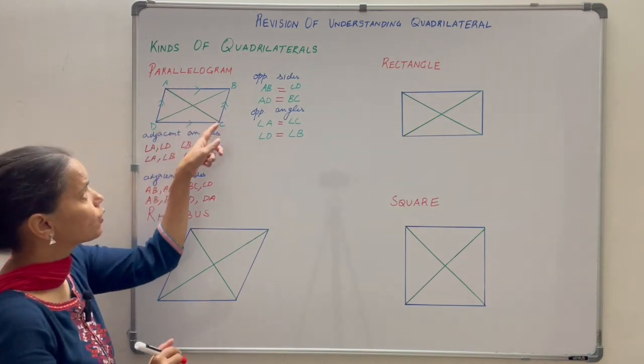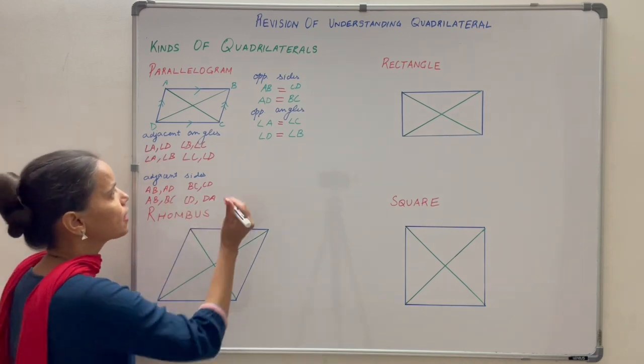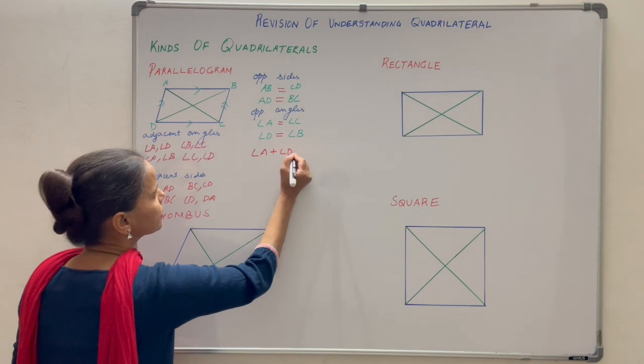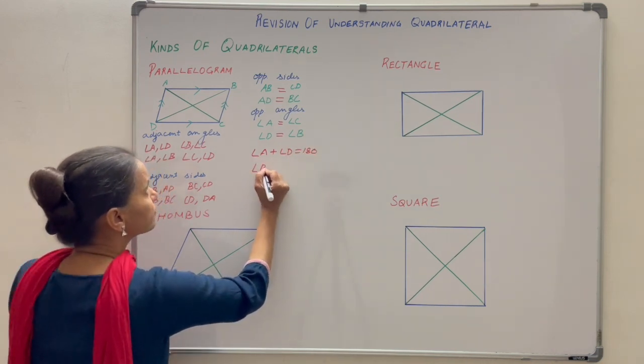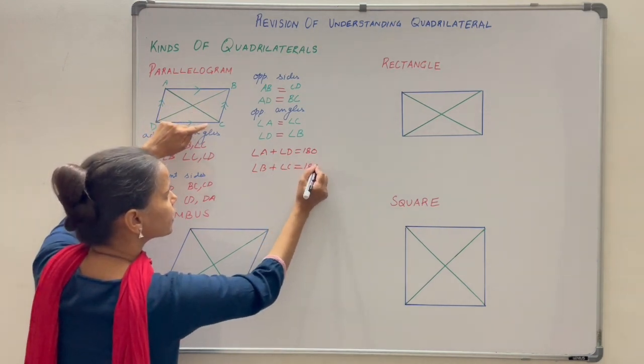Here in parallelogram, the adjacent angles are supplementary. That means angle A plus angle D is equal to 180 degrees, or angle B plus angle C is equal to 180 degrees.